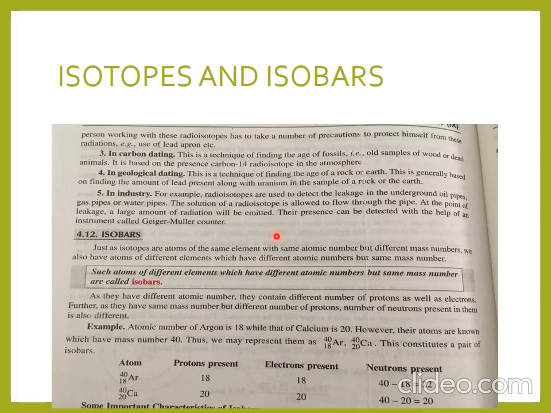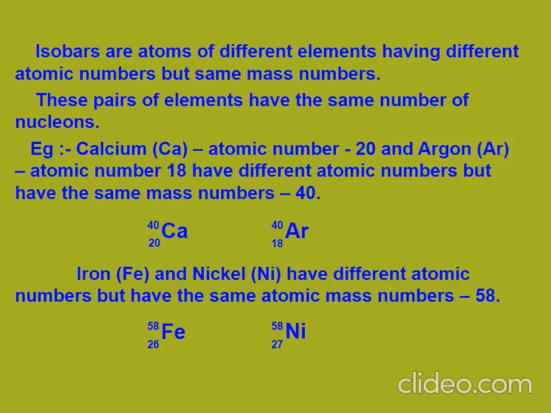So this was the brief view about isotopes and isobars. Now, isobars are atoms of different elements having different atomic numbers but the same mass number, which I have told you earlier also.